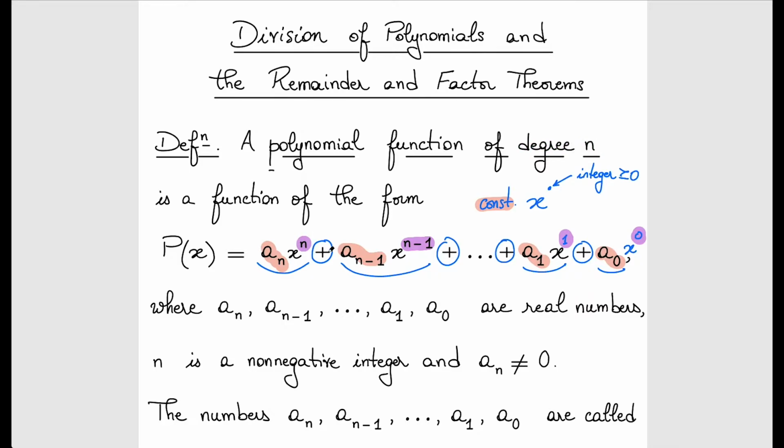Because as you see, this is of degree n, so the power is n, and then it's decreasing. The next one is n minus 1, so certainly it's smaller than n, and so on and so forth, all the way until you get to 0. Okay? You cannot drop below 0. That's the assumption here. The exponent is at least 0, and it's an integer. Okay? So this is what a polynomial is.